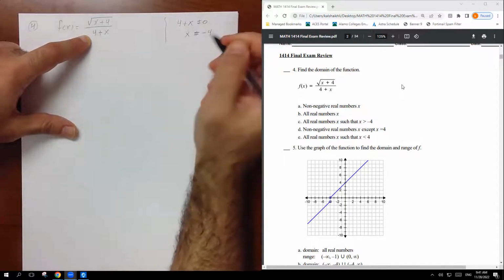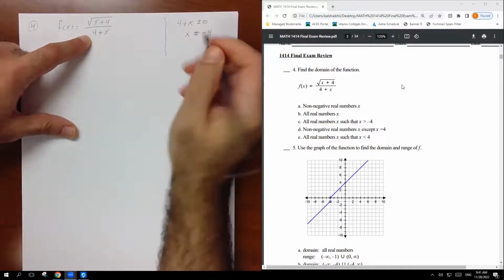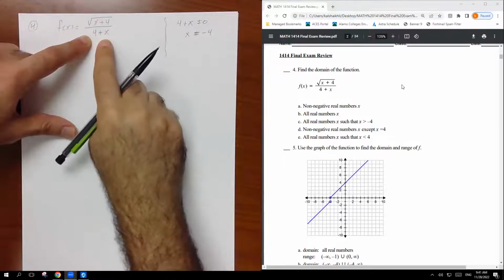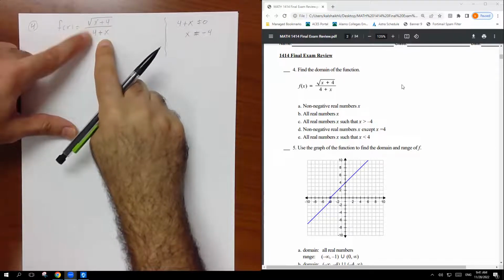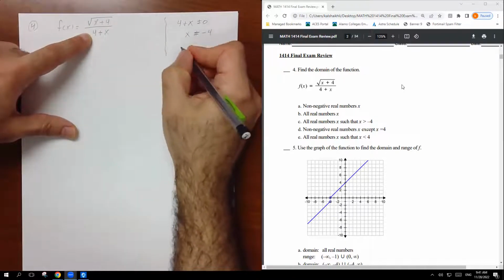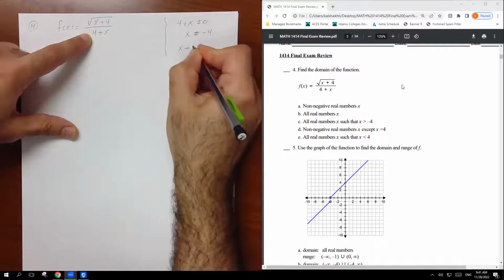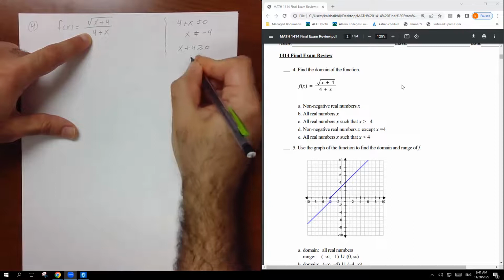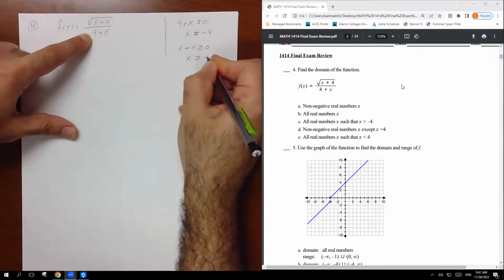That means I can choose all numbers except -4, because when you plug in -4 here, the denominator is going to be 0, and you can't divide by 0. But we have a radical on the top, so I'm going to take everything under the radical greater than or equal to 0. That means x is greater than or equal to -4.